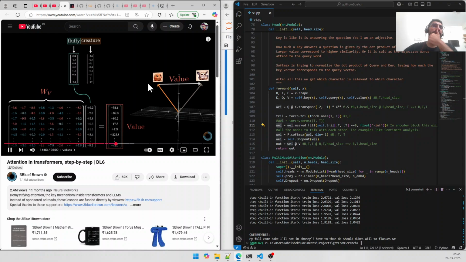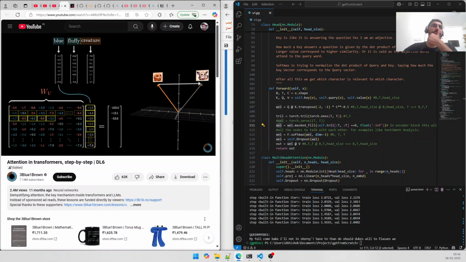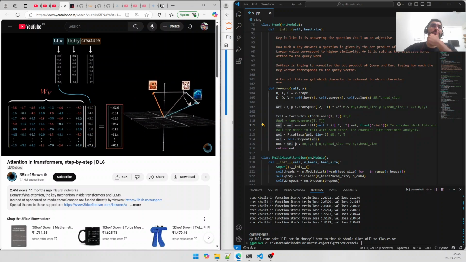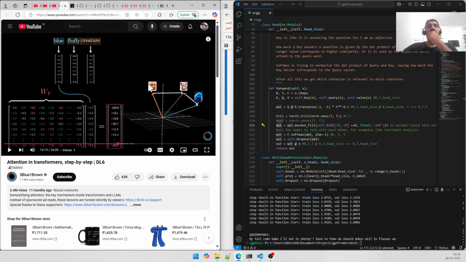So this value vector lives in the same very high dimensional space as the embeddings. When you multiply this value matrix by the embedding of a word, you might think of it as saying, if this word is relevant to adjusting the meaning of something else, what exactly should be added to the embedding of that something else?